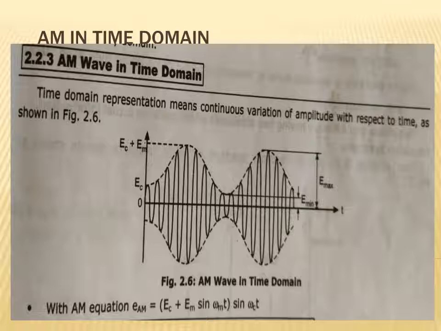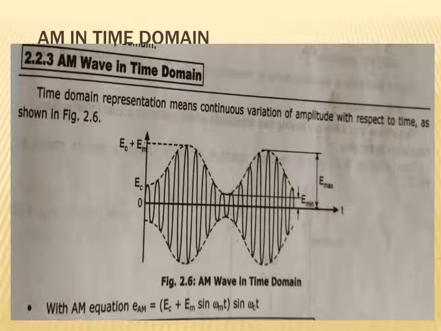This diagram is asked for 2 marks, it is very important. Draw the AM in time domain and draw the AM in frequency domain. The time domain is asked for 2 marks and the frequency domain is asked for 2 marks. So it is a very important point. Draw the AM in time domain and draw the AM in frequency domain.